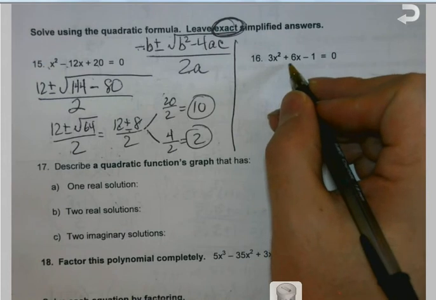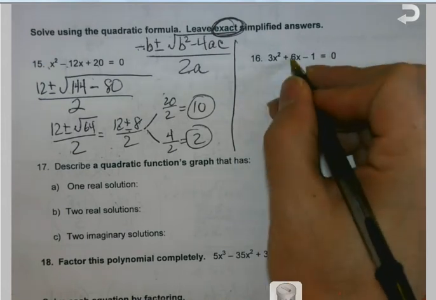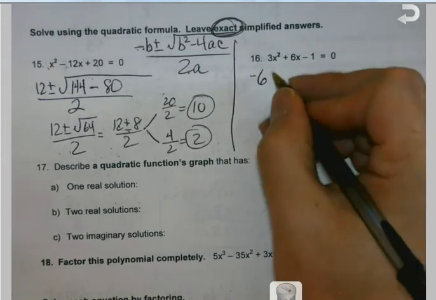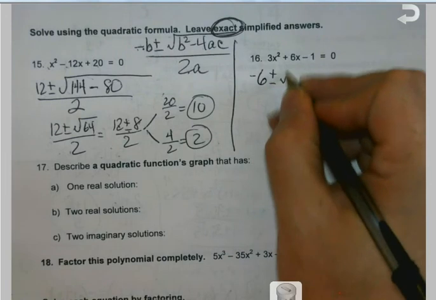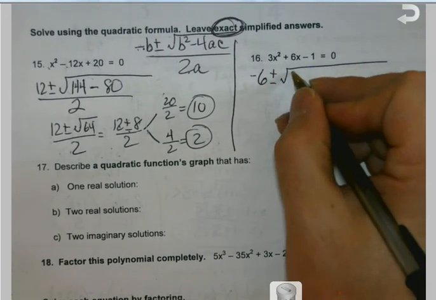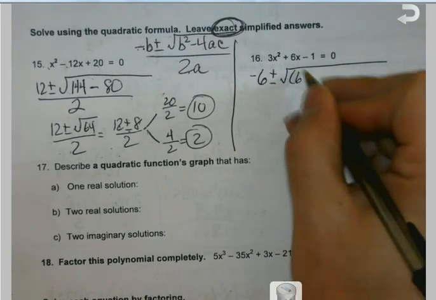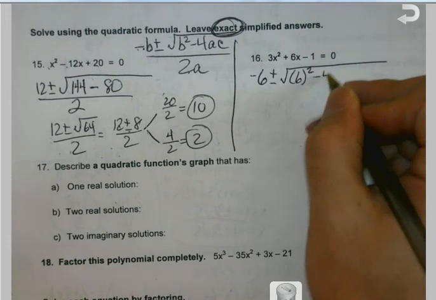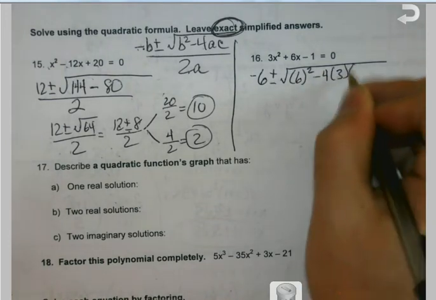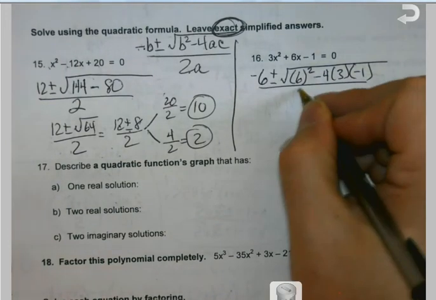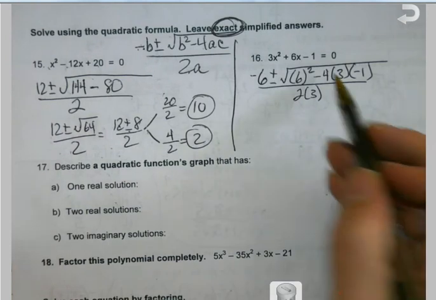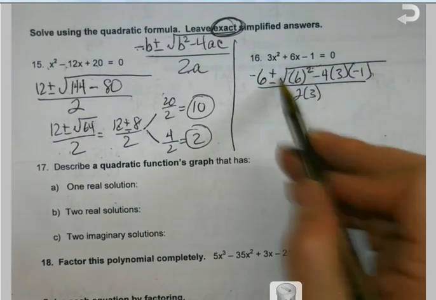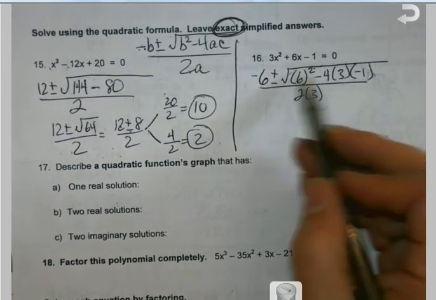This one, so again, opposite of b, so negative 6. So minus. And again, if I was going to type it in my calculator, it would look like something like this. But what I was saying before is whatever's underneath here, I would do before I do the square root.